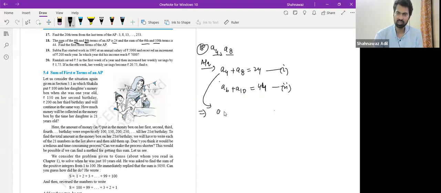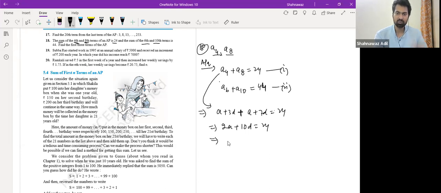Solving 1 would give a plus 3d plus a plus 7d equal to 24, so this is 2a plus 10d is 24.